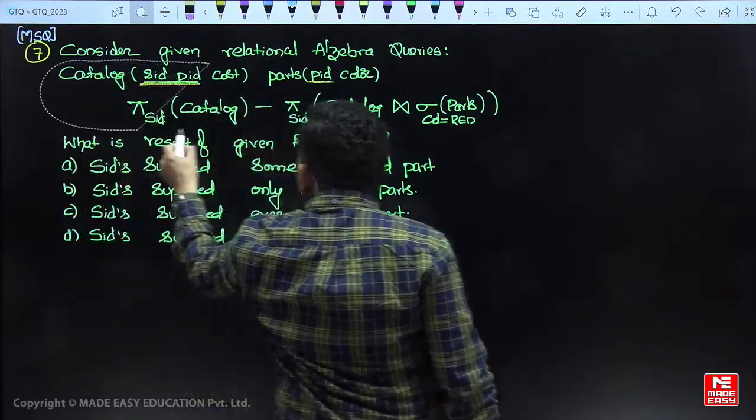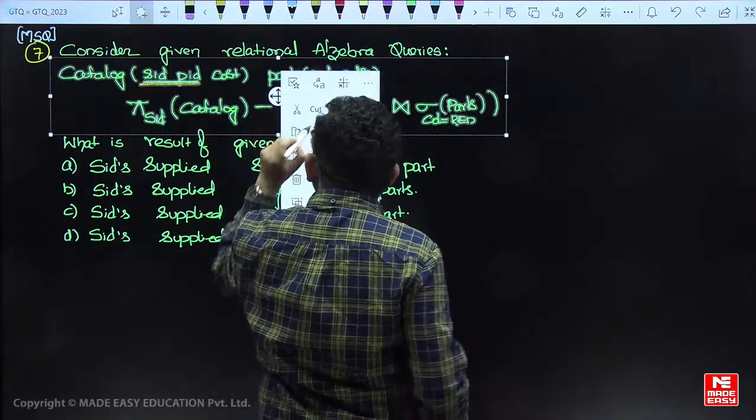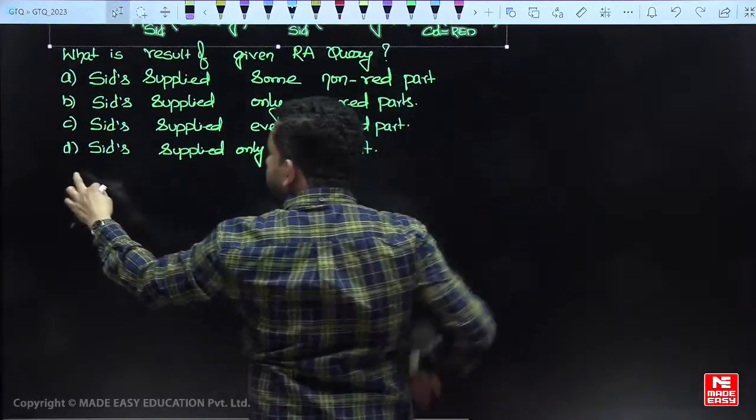Even those who gave a wrong answer had one option correct and another option wrong. So this is the given query.